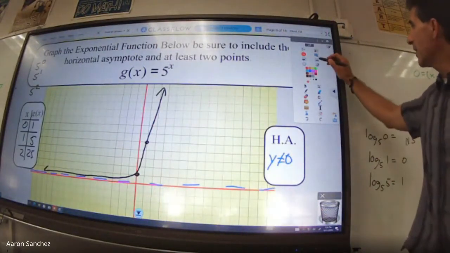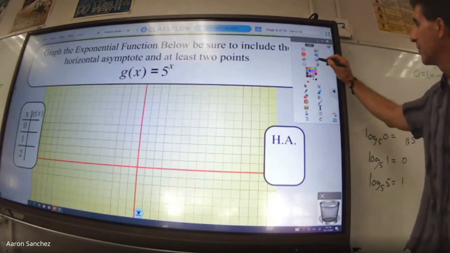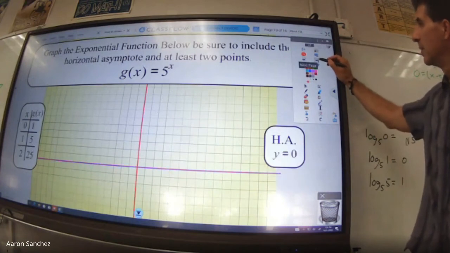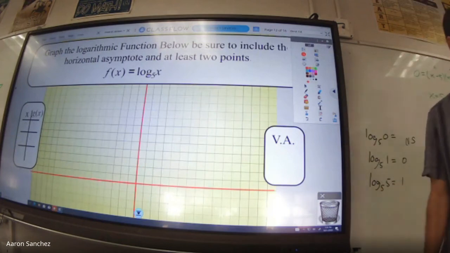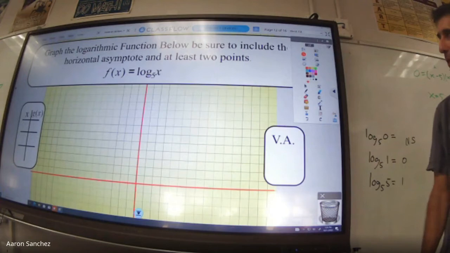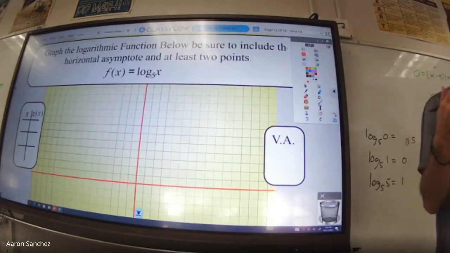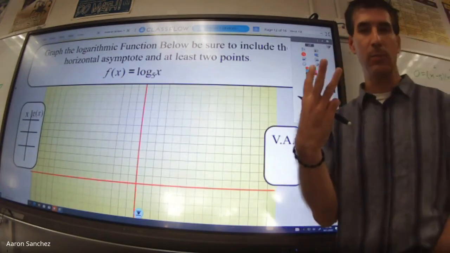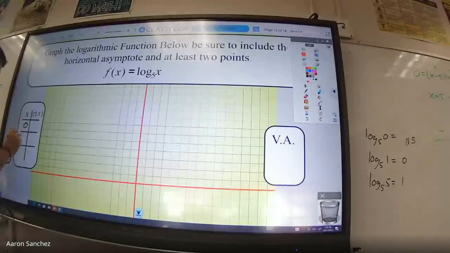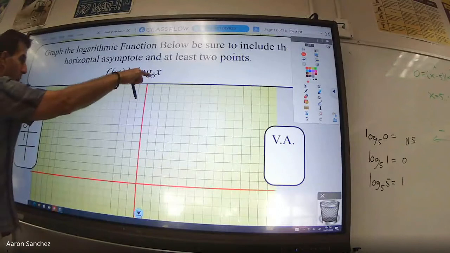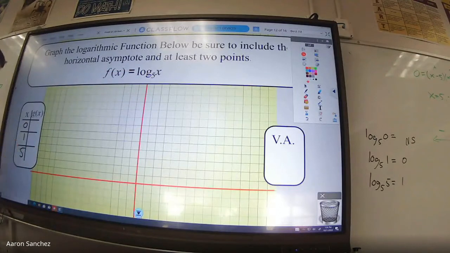And then finally, we have f of x equals log base 5 of x. This one's going to have a vertical asymptote. Let's plot our 3 easy points. My 3 easy points are going to be 0, 1, and whatever the base is. This is a base of 5.